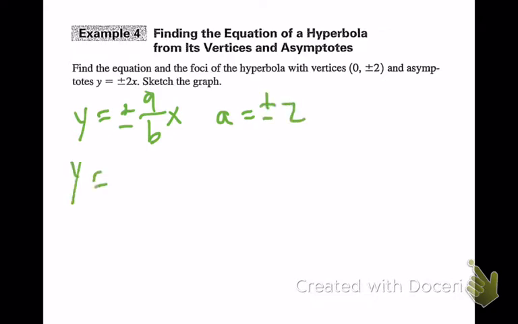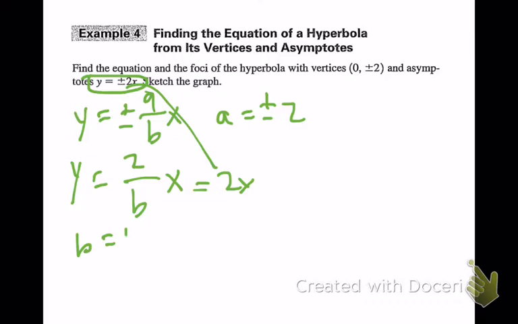So we're going to say y equals 2 over b times x, right? And it tells me the equation of the asymptote was y equals 2x. So to make this equal to 2x, b would equal 1. Right? Everybody follow that? So 2 over b equals 2, so b has to equal 1.